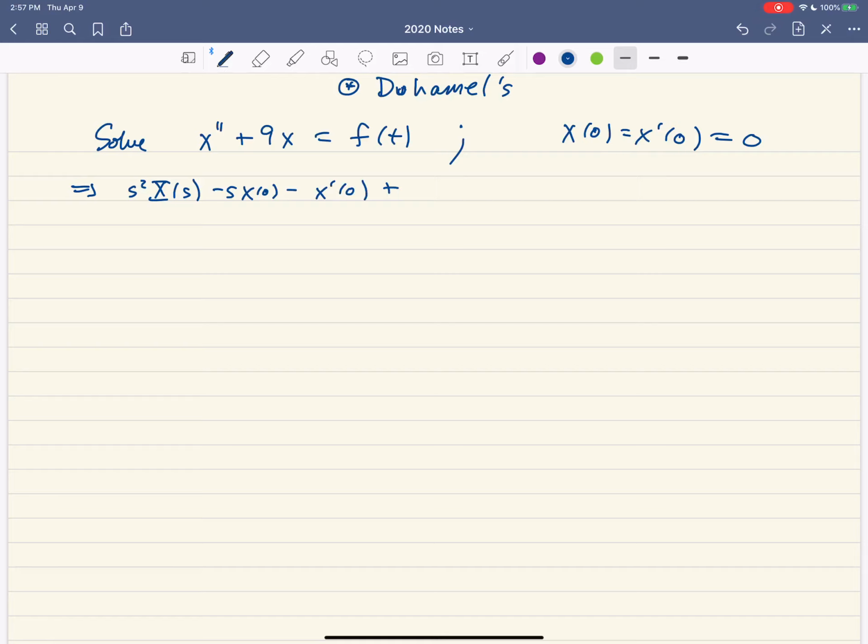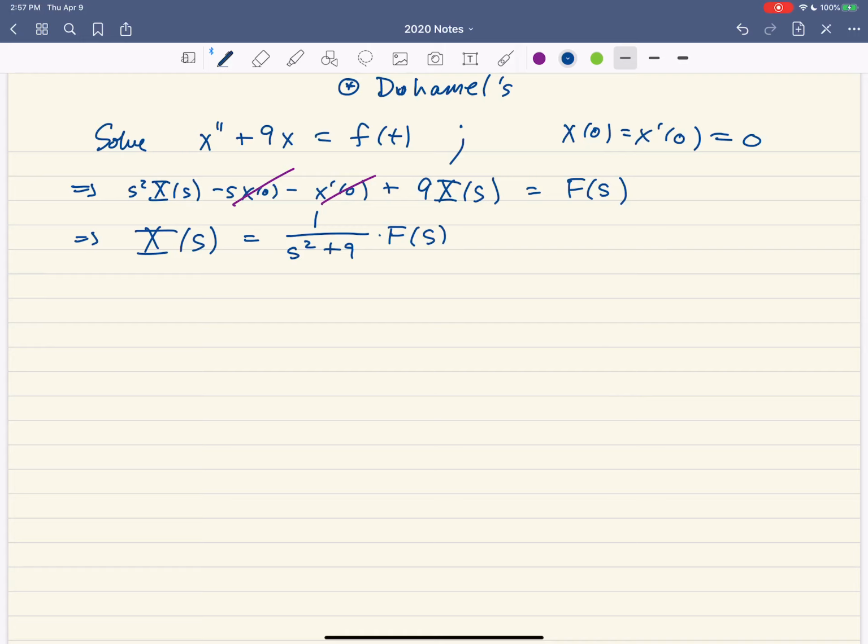If we take the transform of 9x, it's going to be 9 capital X. And the transform of little f is going to be capital F. And by assumption, our initial values, x of 0 and x prime of 0, are both 0. So those will cancel. And it turns out that capital X of s is going to be 1 over s squared plus 9 times capital F.